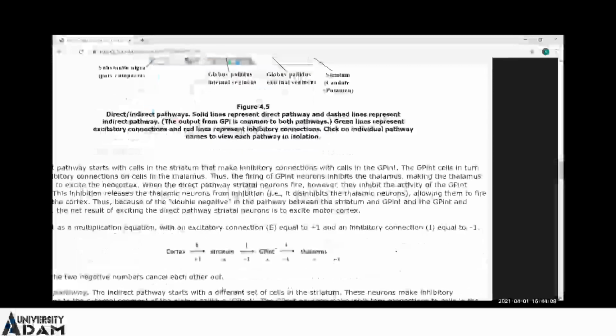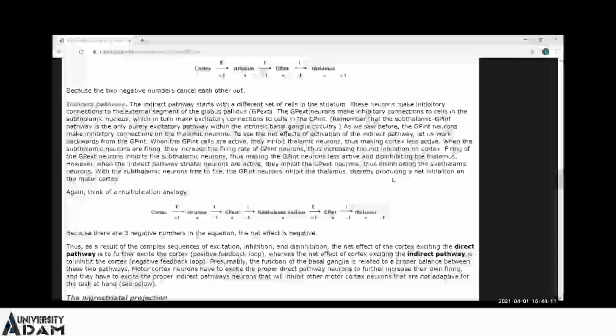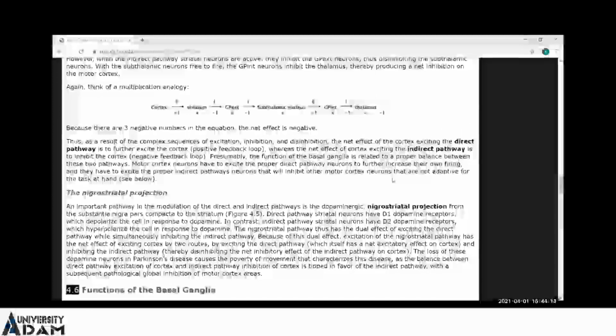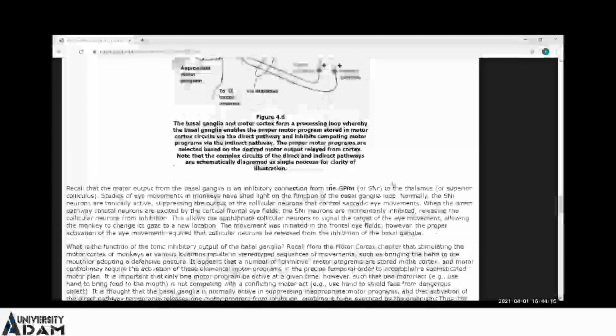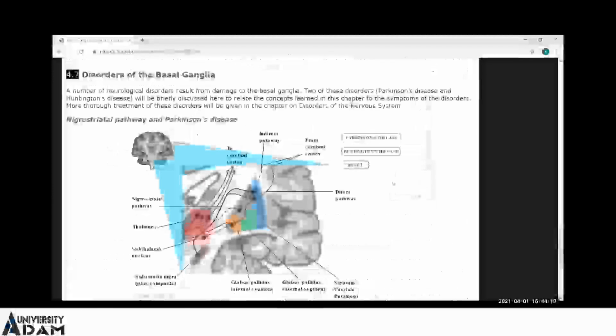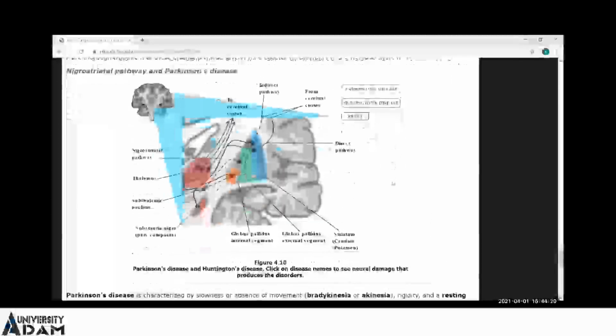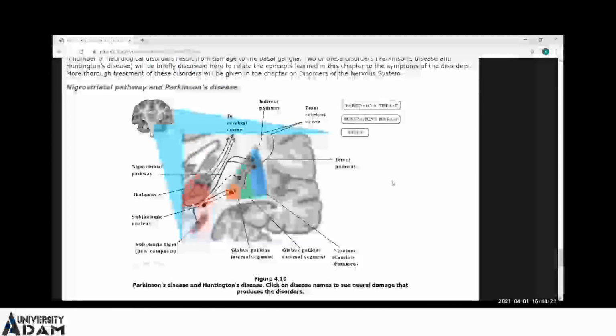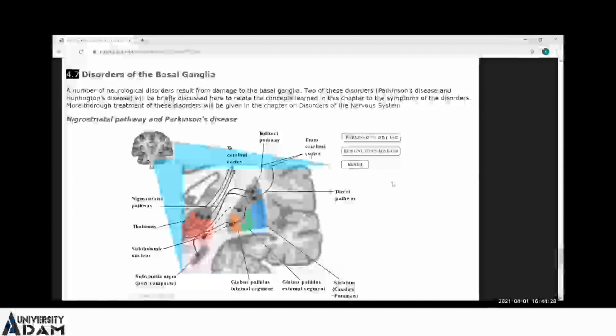Okay, you can skip the slides. And as we said before, lesions to the pathways will lead to extrapyramidal disorders, okay?